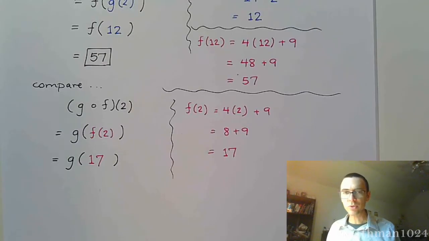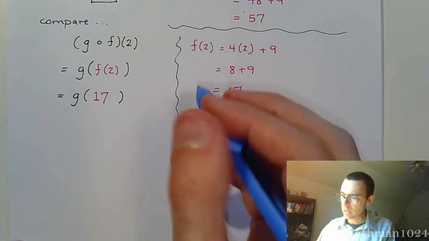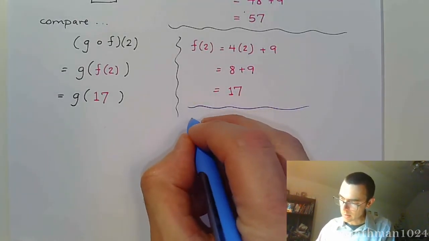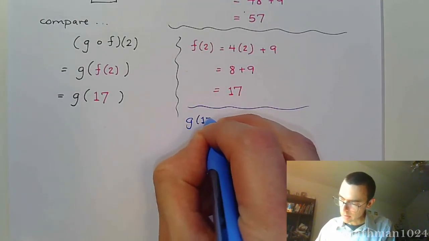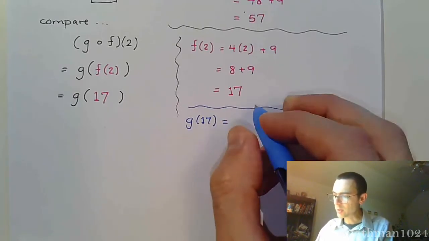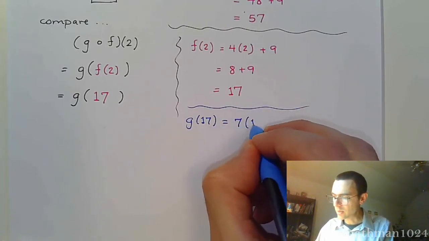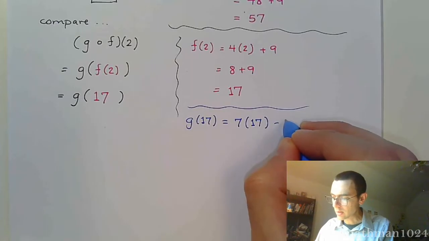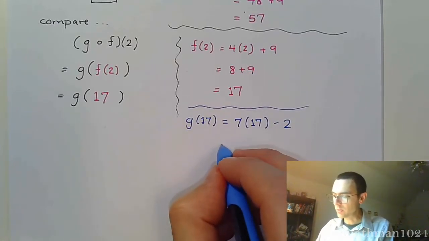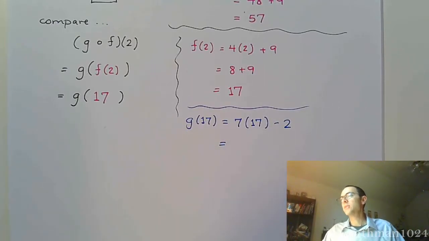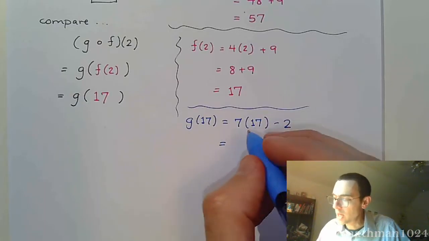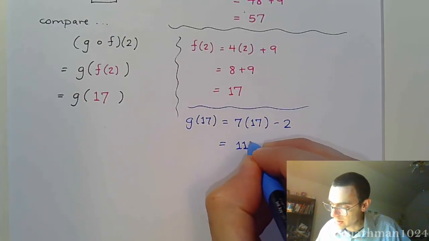Alright, so now we have to do g of 17. What was g? g was 7x minus 2, so 7 times x, which is 17, minus 2. So 7 times 17, that's 70, 49, 119.